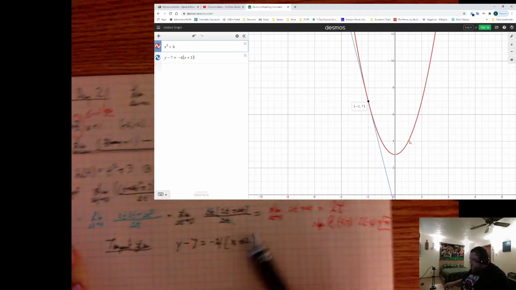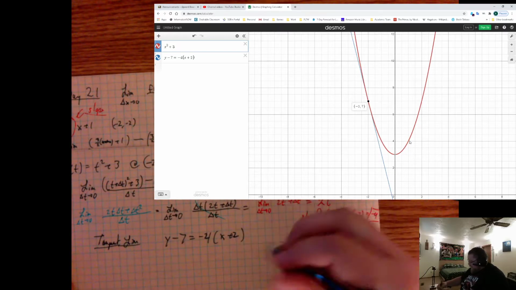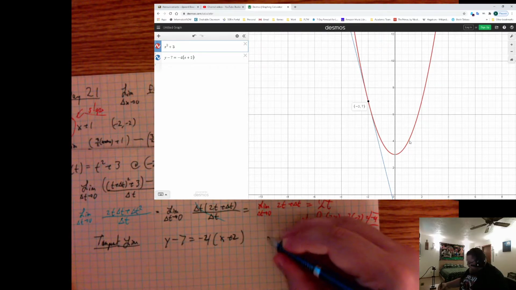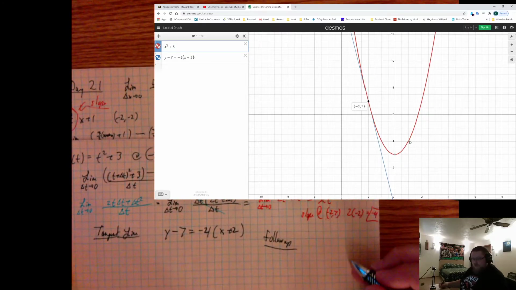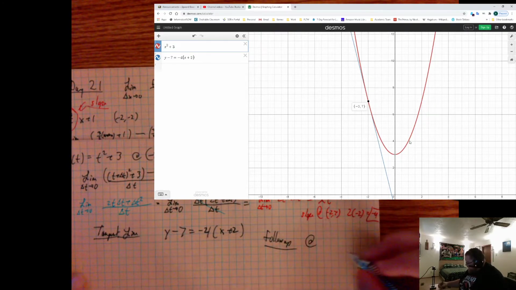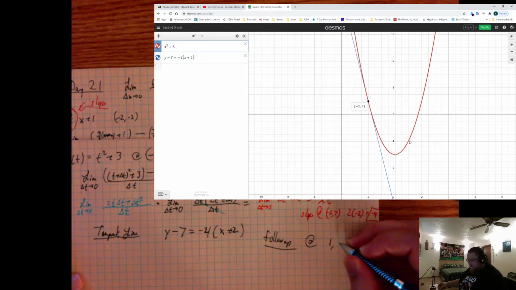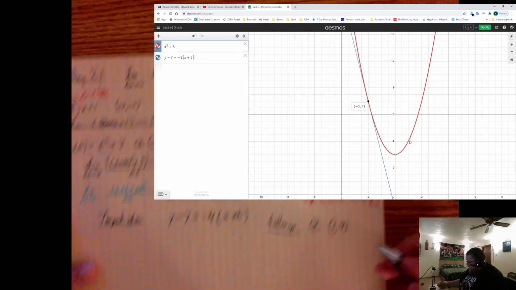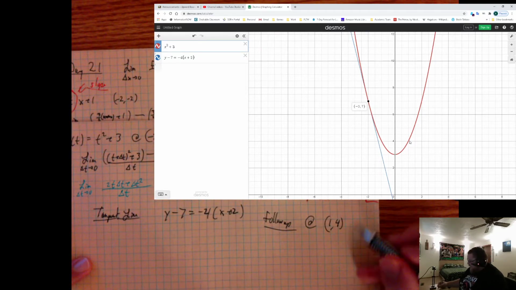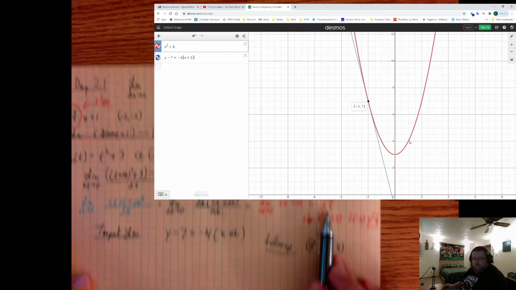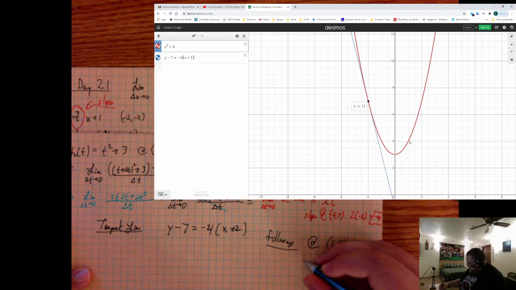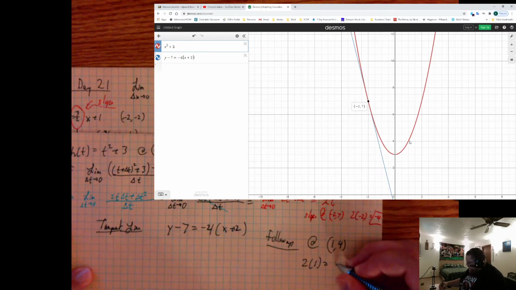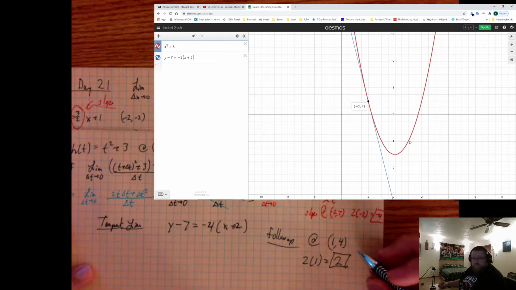So if I was to ask a follow-up question on this problem, what would happen at the point 1, 4? What would be the slope? Well, I could use the slope generating function I already found, which is 2t, to tell me that at 1, 4, it would be 2 times 1, so my slope would be 2.